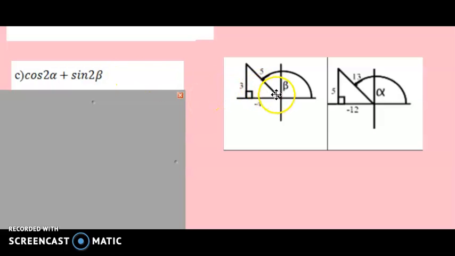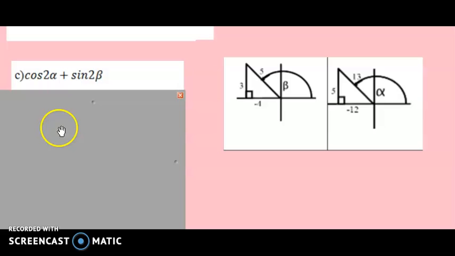So for that, you will go sine beta is 3 over 5, cos beta is negative 4 over 5, that must be multiplied. But for cos of alpha, cos 2 alpha can be written as cos of alpha plus cos of alpha. Then it can be expanded to cos square alpha minus sine square alpha.